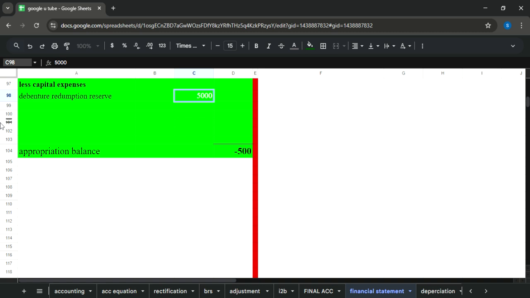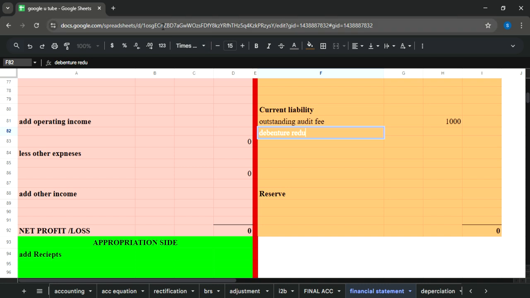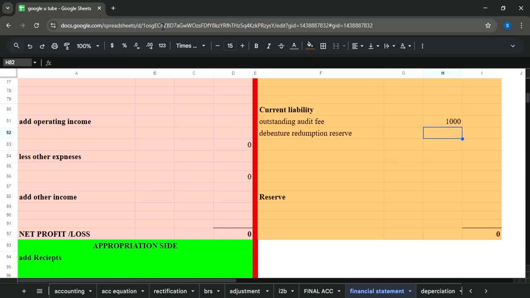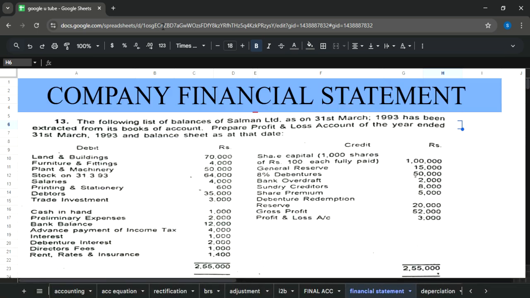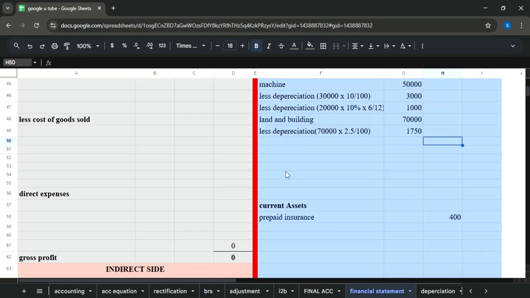Now for the second effect we will go to the current liability side, and here debenture redemption reserve. Since it's just an increase, we will use the current liability side. Now let's see what other elements they are asking. 2,000 to general reserve.